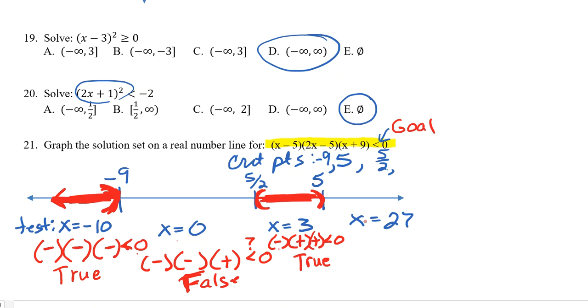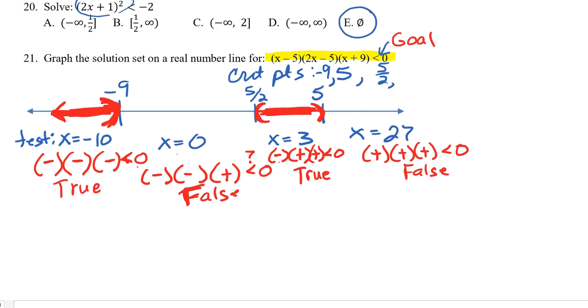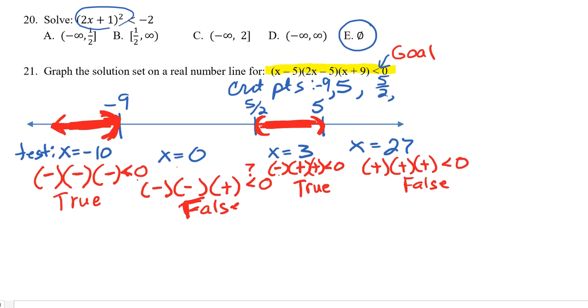If I put 27 in those parentheses, all three will be positive values. The product of three positives is not less than 0. So that would be false. So we do not graph the false regions, and we do graph the true regions. All right, that was a marathon, but I think we've finished.